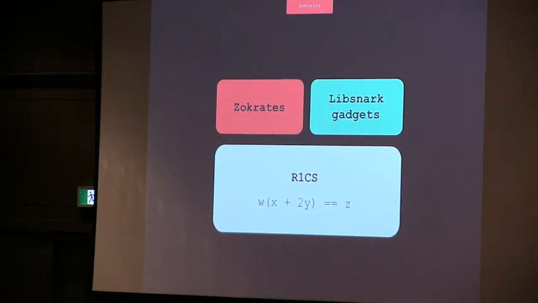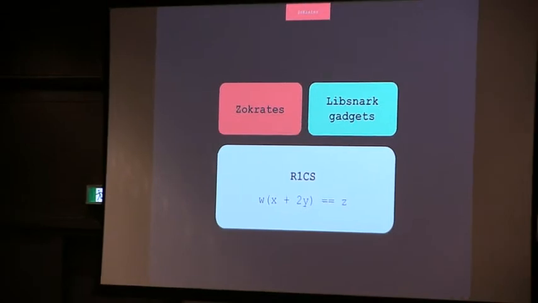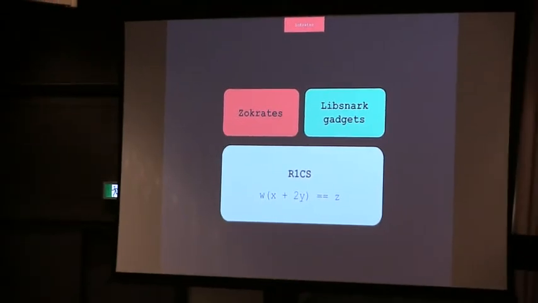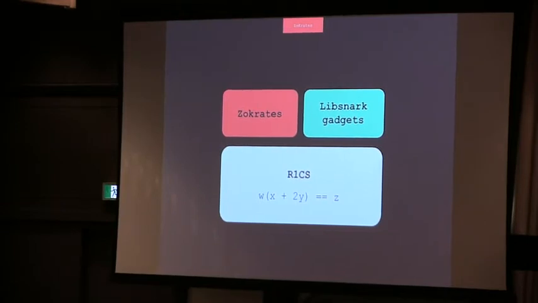When you look at those proof systems, so ZoKrates and the Libsnark gadgets, which both enable developers to specify programs, they both rely on the same abstraction, which is called R1CS, or rank 1 constraint systems. And for those of you who don't know, it's basically a list of equations, like the one I described on this slide, which have variables which can be basically positive integers, which I'm going to call field elements.